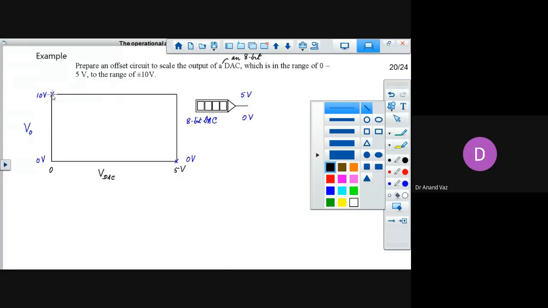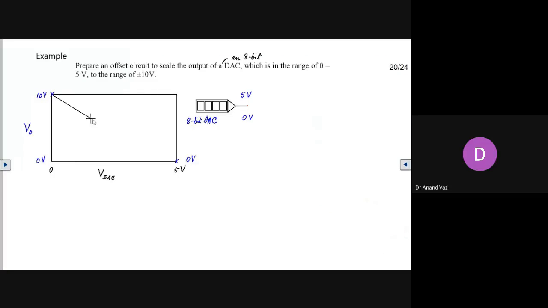So 0 corresponds to 10 volts and 5 volts DAC corresponds to 0 volts V output. So this is a linear relationship that you have.